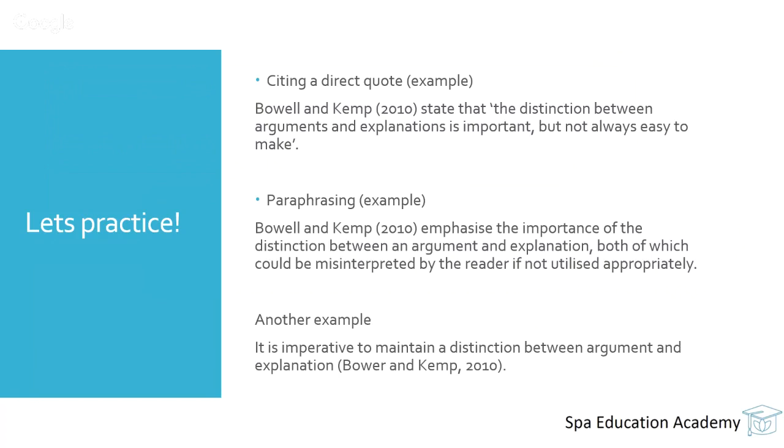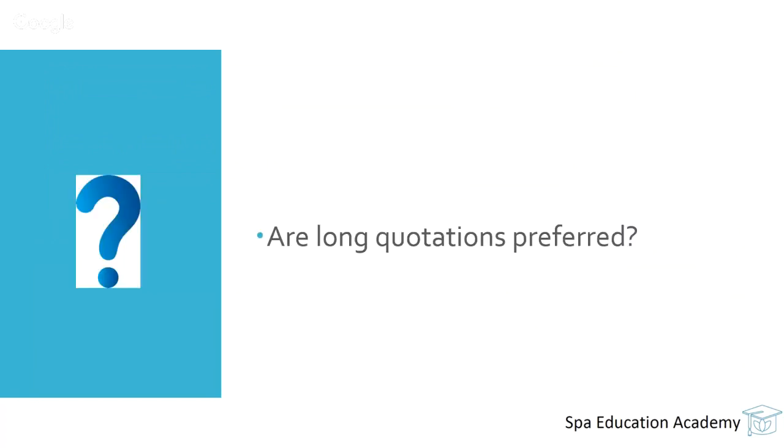Can you see how the second example doesn't use any quotation marks and it flows better within the sentence? Another example, instead of starting the sentence with Bowell and Kemp state that, you can put, it is imperative to maintain a distinction between argument and explanation, and then in brackets at the end, you can say Bowell and Kemp 2010.